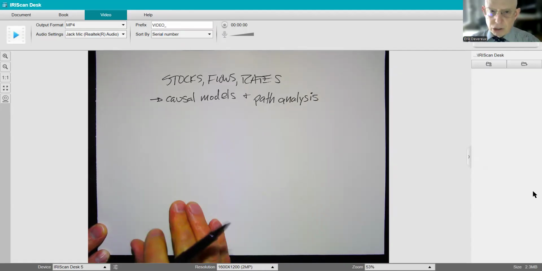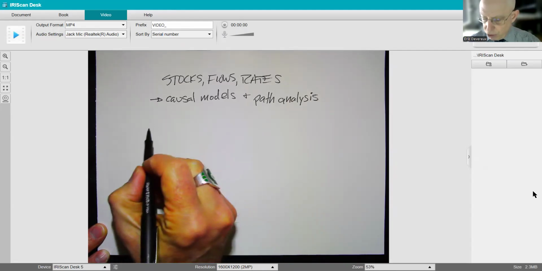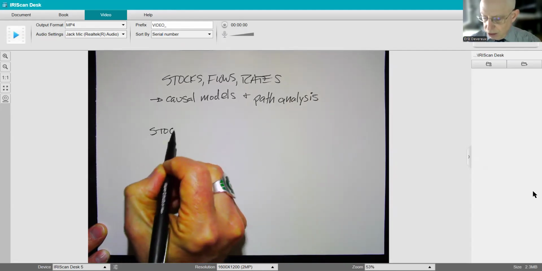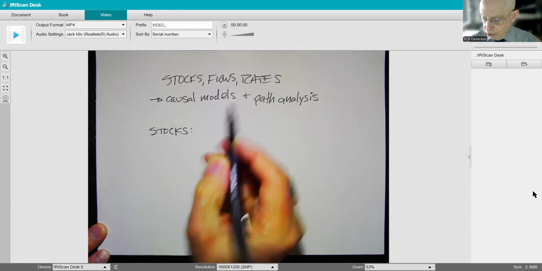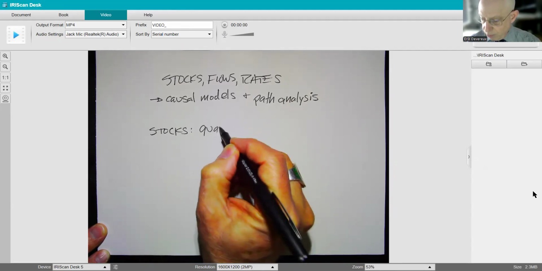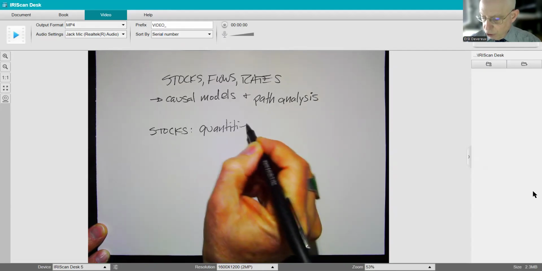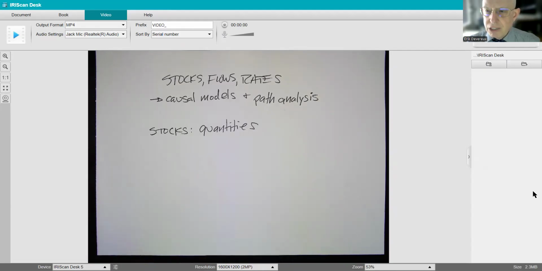When we're talking about stocks, flows, and rates, we're first and foremost talking about stocks. Stocks are quantities. And this is really important because many people, when they first start building these kinds of models, instead of referring to quantities, essentially stuff, things that we can count, start putting into the labels of the components of the model activities, actions, verbs, people doing things.